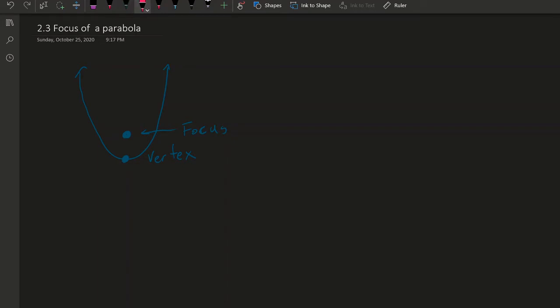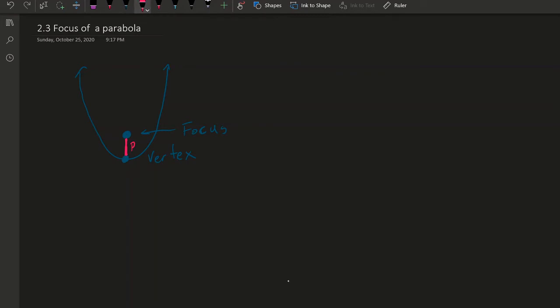Now, between the vertex and the focus is a certain distance depending on the parabola, and we call that distance p. It doesn't stand for anything, we just needed to give it a letter.